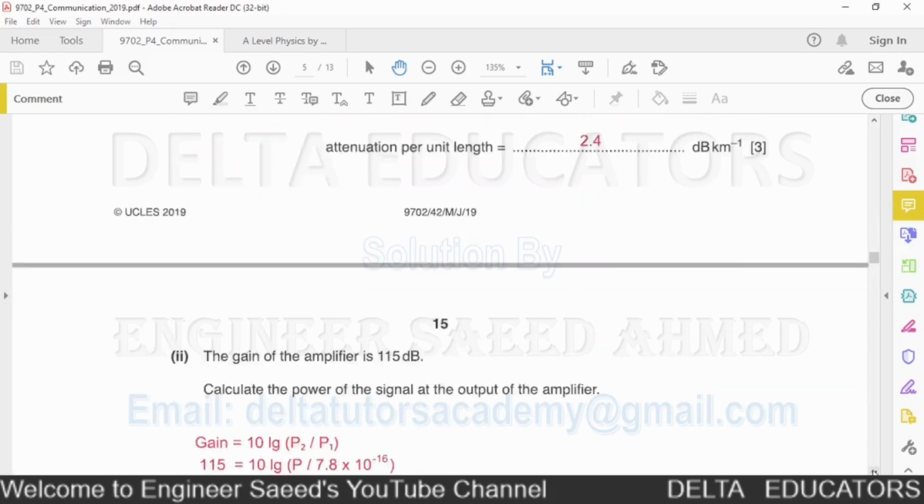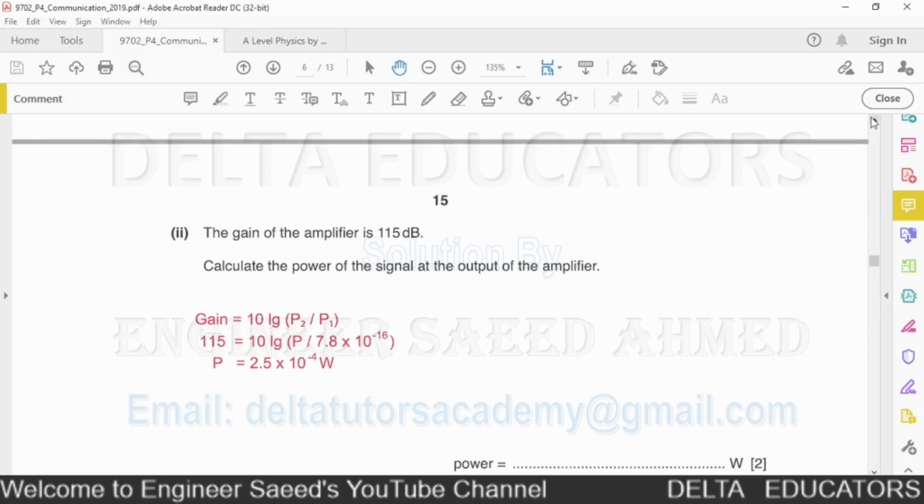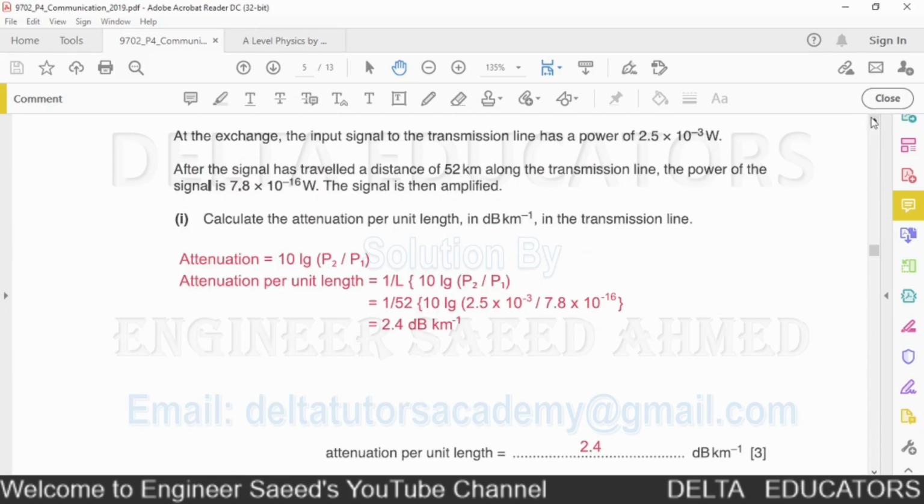Next part 2, the gain of the amplifier is 115 decibel. Calculate the power of the signal at the output of the amplifier. The signal that we got here, 7.8 into 10 power minus 16, is amplified.